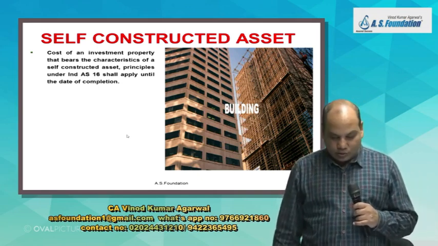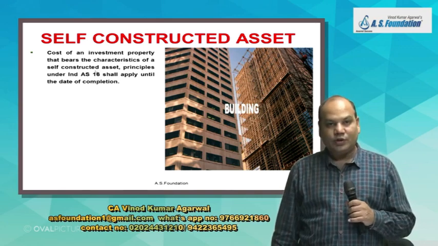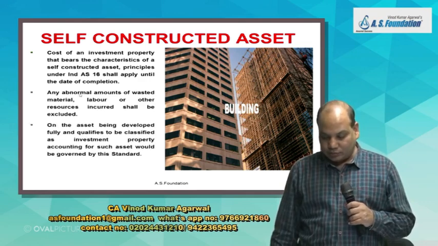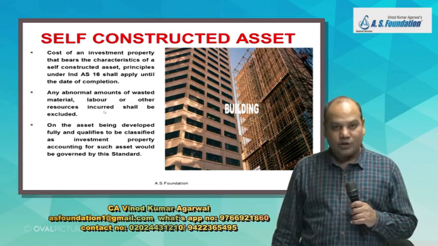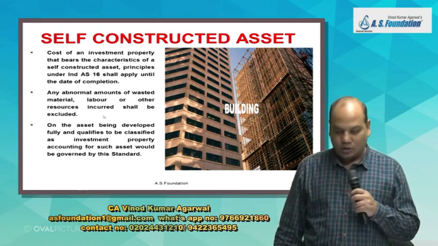It's written in the notes also that the cost of investment property that bears the characteristics of a self-constructed asset, the principles under IAS 16 shall apply until the date of completion. Any abnormal amount of wasted material, labor or other resources incurred shall be excluded.